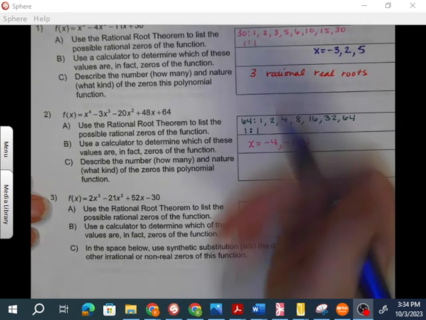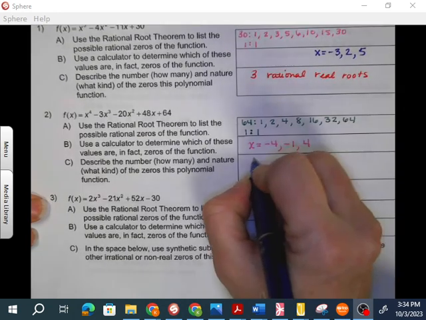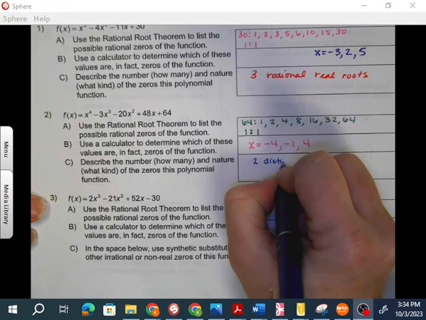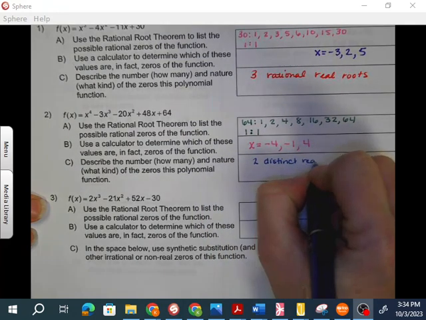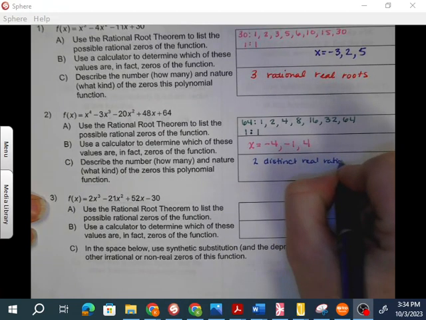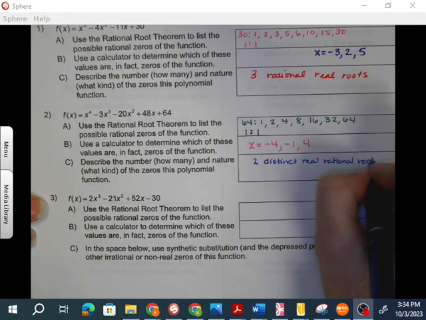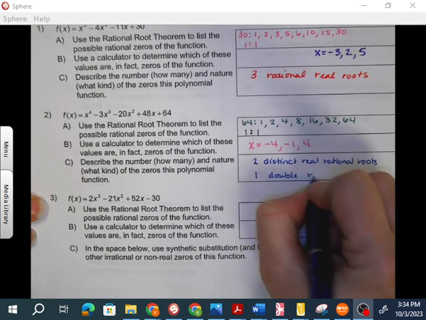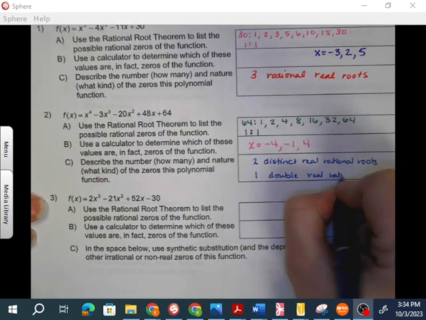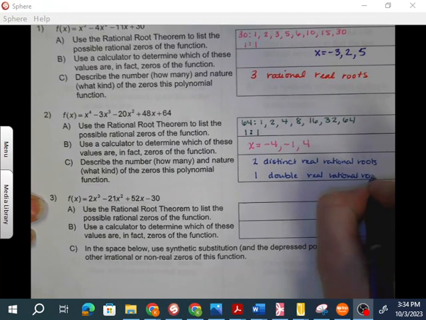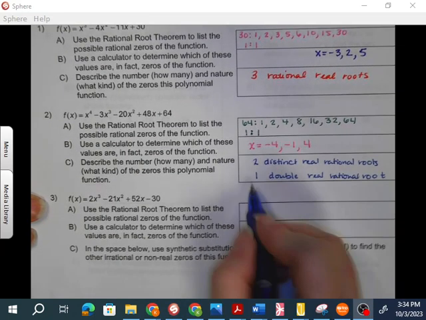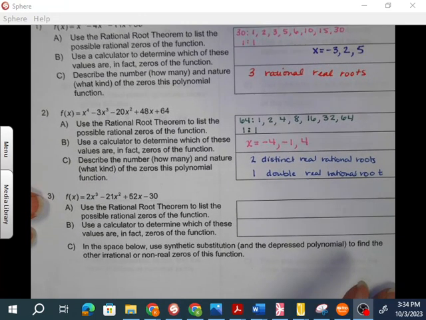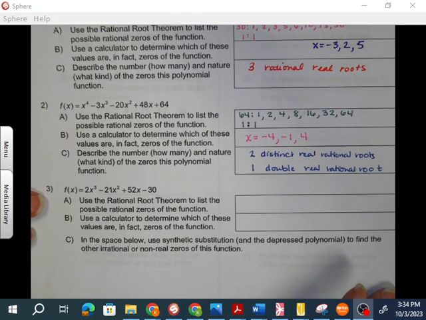I have 2 distinct real rational roots and 1 double real rational root. That equals 4. 1, 2, 3, 4. Are we good?